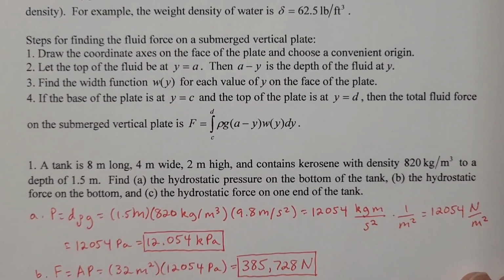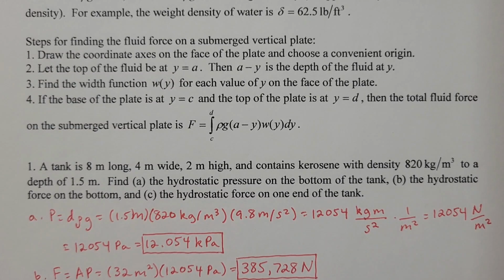So then I've got the steps for finding the fluid force on a submerged vertical plate. You're going to draw the coordinate axes on the face of the plate and choose a convenient origin. For a lot of these problems, you're usually going to center the plate right on the y-axis.